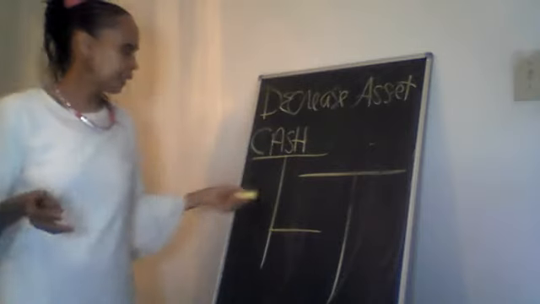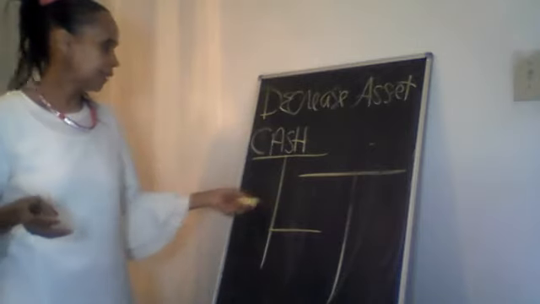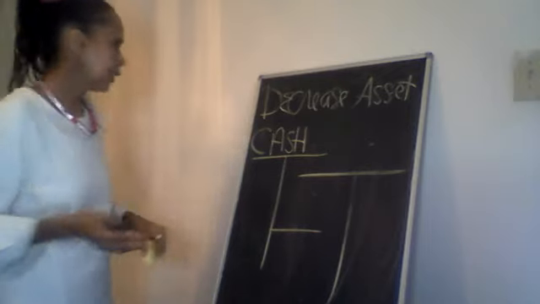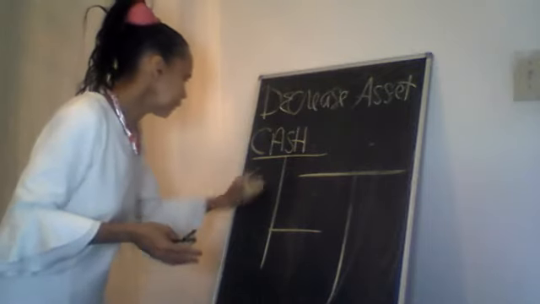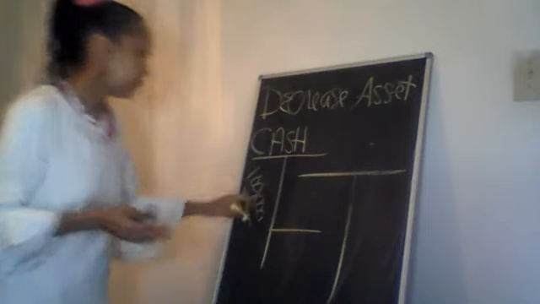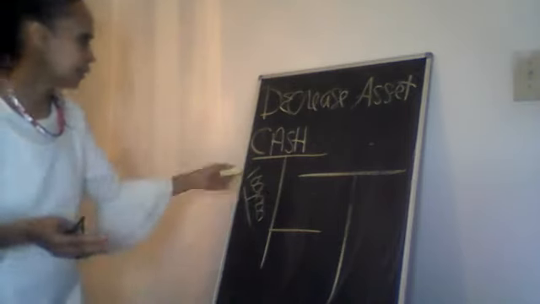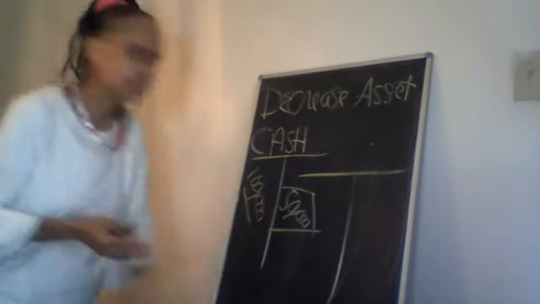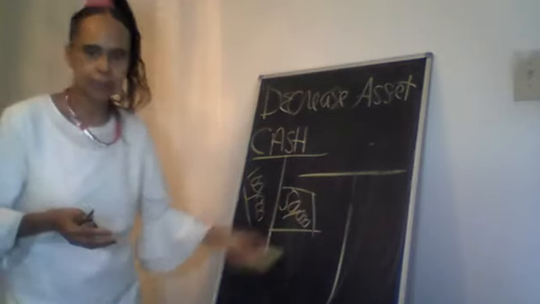We have a cash account, and we want to credit cash for a decrease. Say we have $100,000 in our cash account, but we want to decrease our cash by $50,000. We want to take $50,000 out to buy some office supplies.